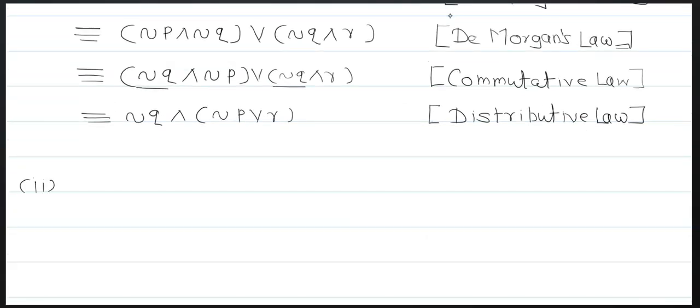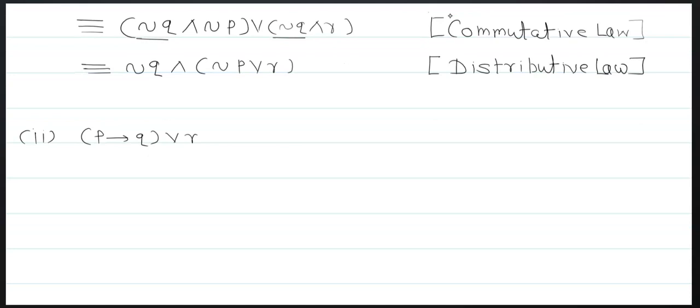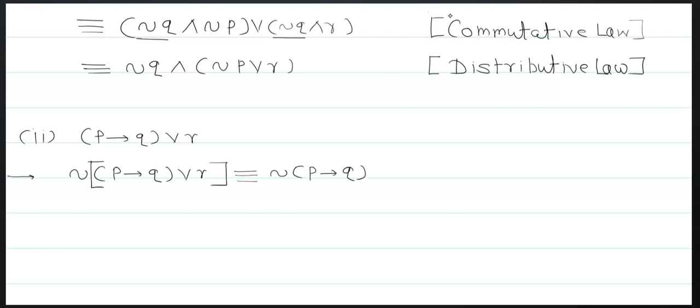Next is negation of P implies Q or R. The first is negation of P implies Q or will become and negation of R. This is De Morgan's law.